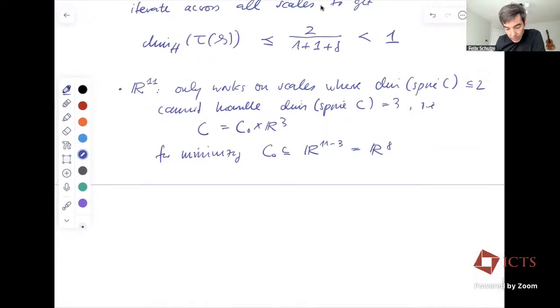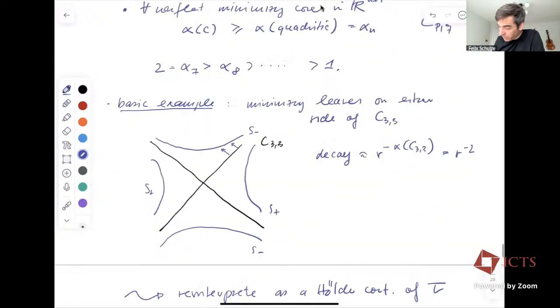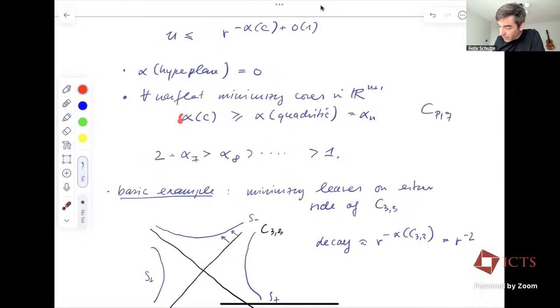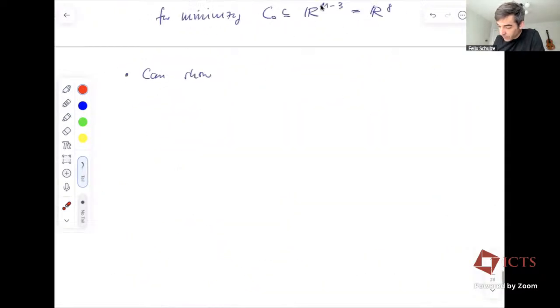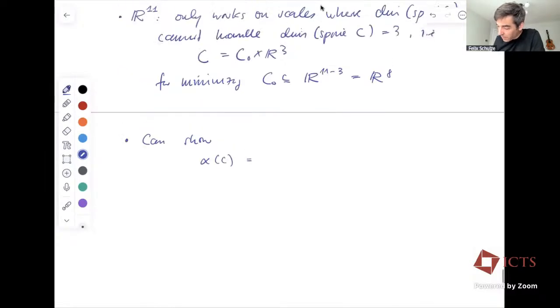Okay, but what can we show? There's something other interesting to happen now. So we can show, or it's known, remember we argued in the beginning that this decay rate is always bounded from below by the decay rate on the quadratic cones. And you can actually show there's a little gap. So the statement is as follows. Can show that alpha of C is the same as alpha of C0.